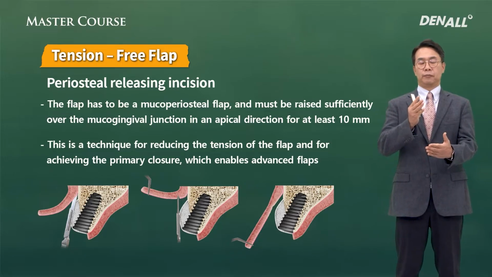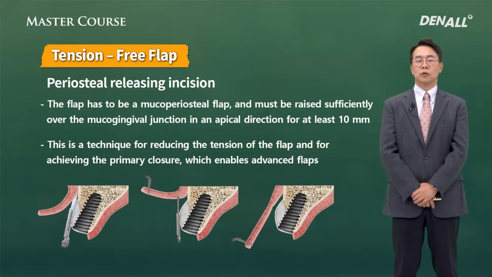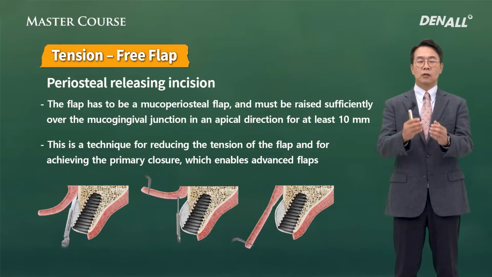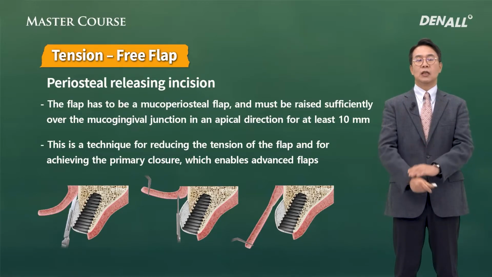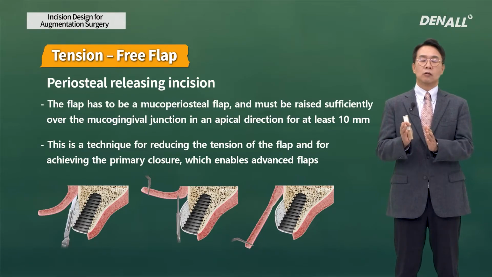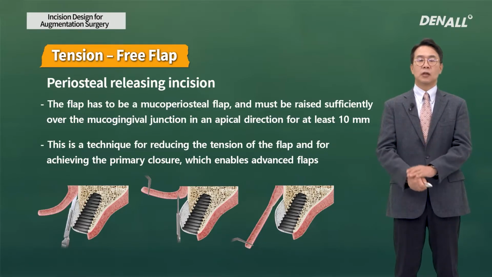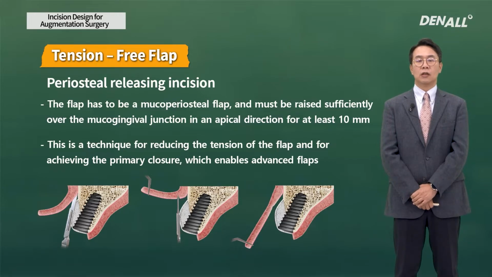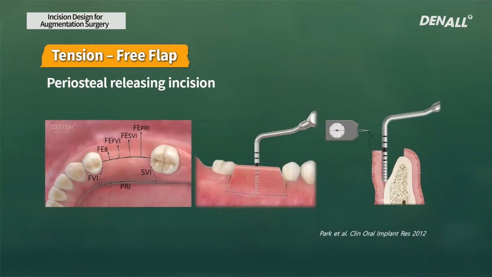By cutting periosteum, the flap can be extended to the direction that we want, especially for augmentation surgery. This is the incision which is very important and you need to know how much can that be extended. According to this study, one vertical incision is made and on the other side another vertical incision, and in the middle periosteal releasing incision.